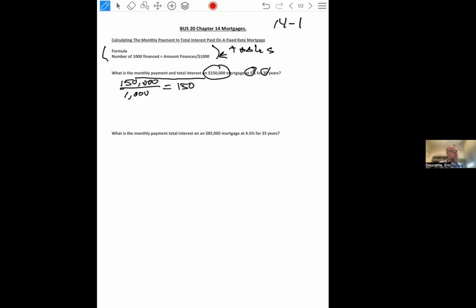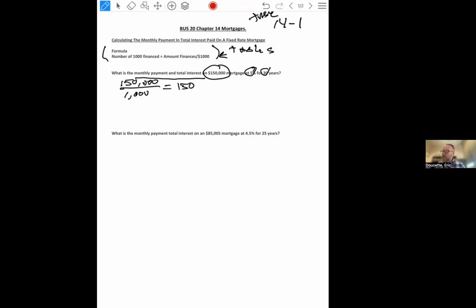5% for 30 years. I don't have an example of this table, but if you go to page 454 or table 14.1, it gives you the chart you use. It's called the Amortization principal and interest per 1,000 financed table.